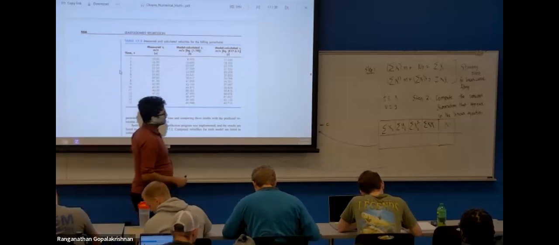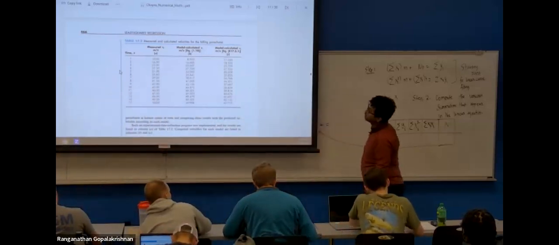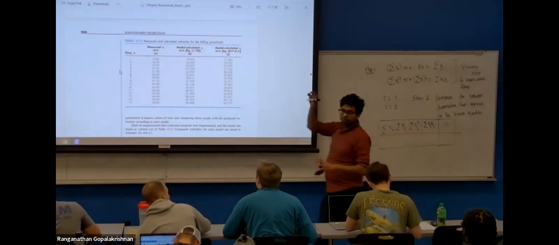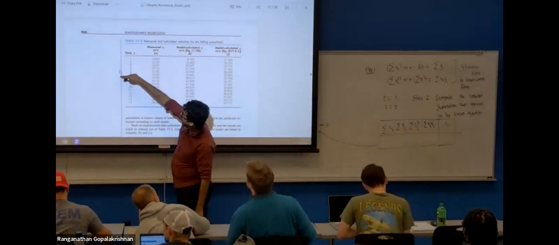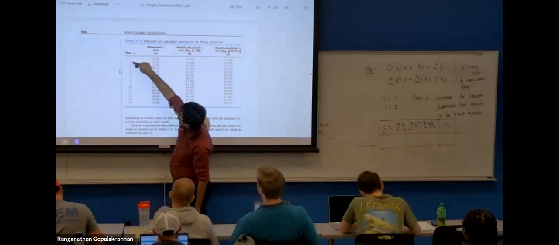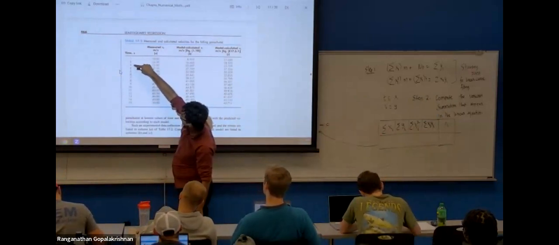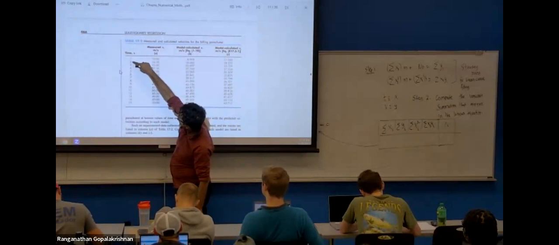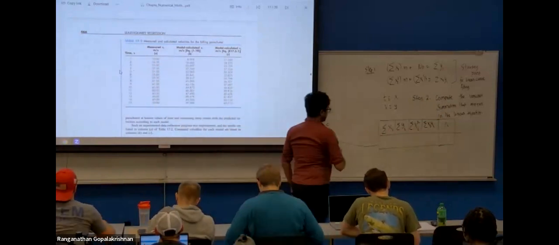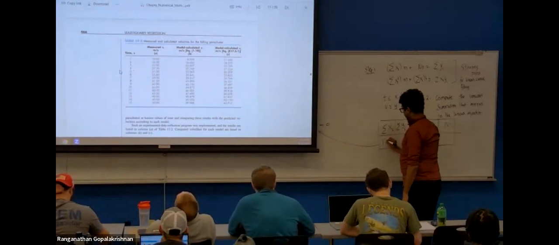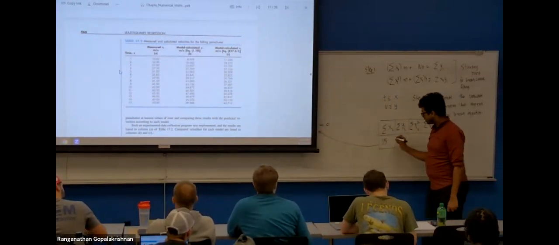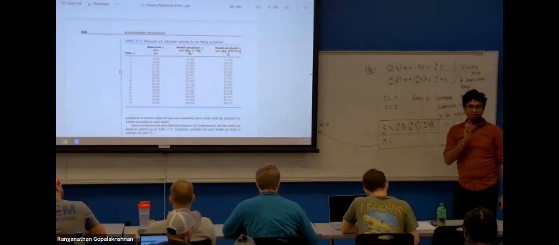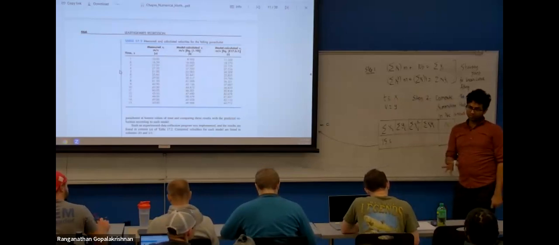So what is the sigma xi? Pause, don't write, look up. If I want to sum over the x column, 1 plus 2 plus 3 plus 4 plus 5, which is 9, 12, 15. So this will be 15 in what units? Seconds. Keep writing the units all the time.